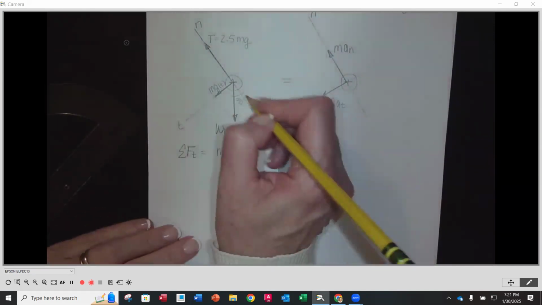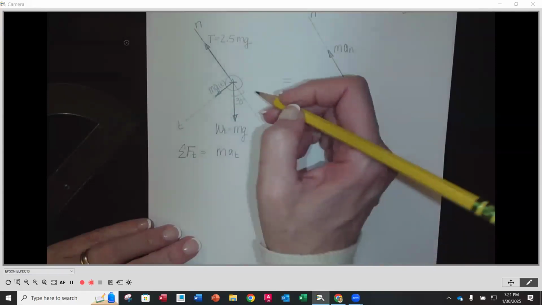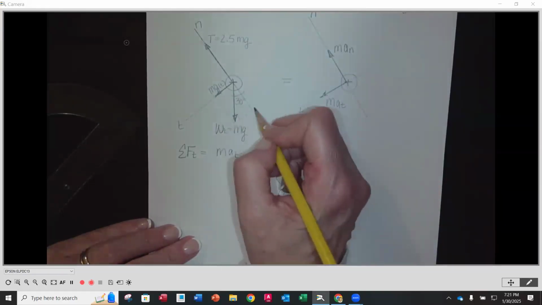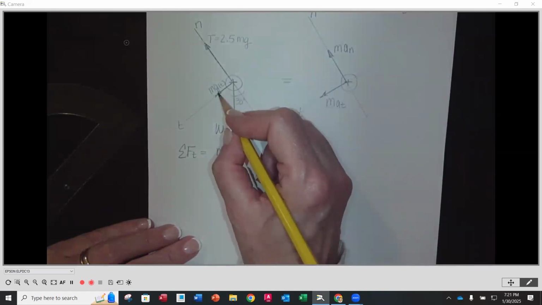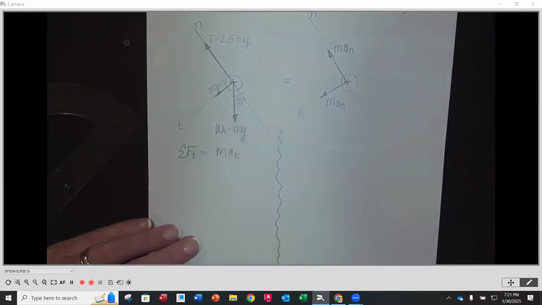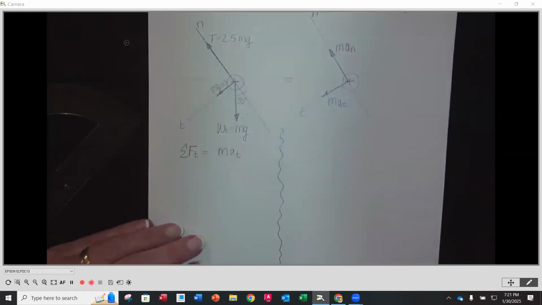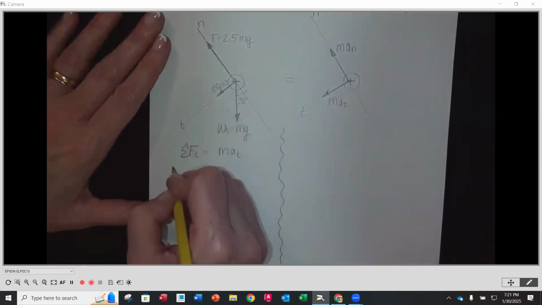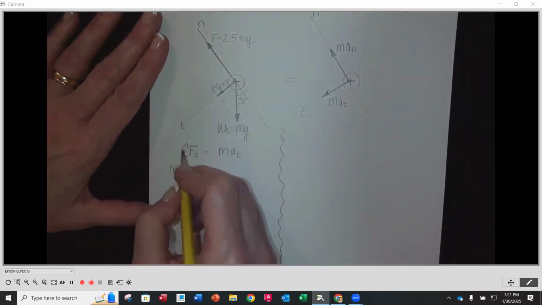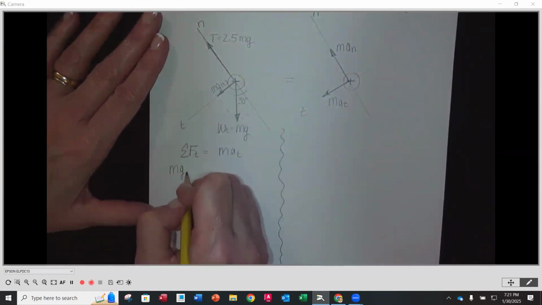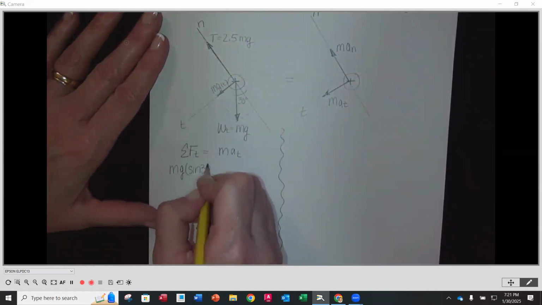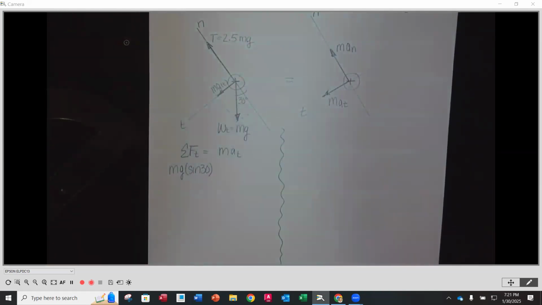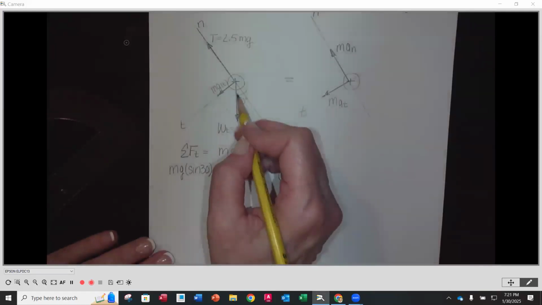Now, to get that, we know that this is 30 degrees, and the side opposite is going to be equal to that value in terms of the mass and gravity. So we're going to call that force m times g times the sine of 30 degrees, or sine of 30 times m times g. Okay, so this is the weight, which is what's going down here.